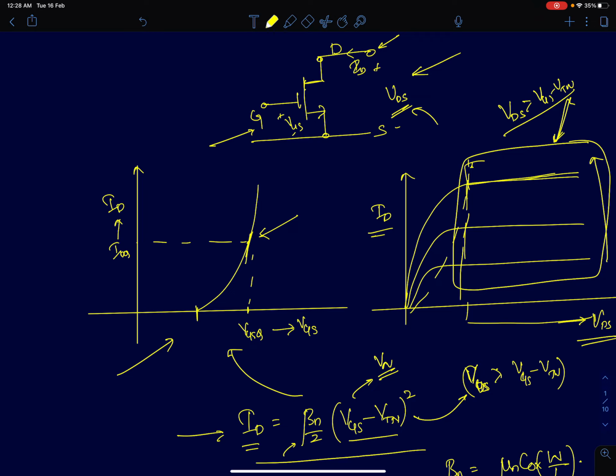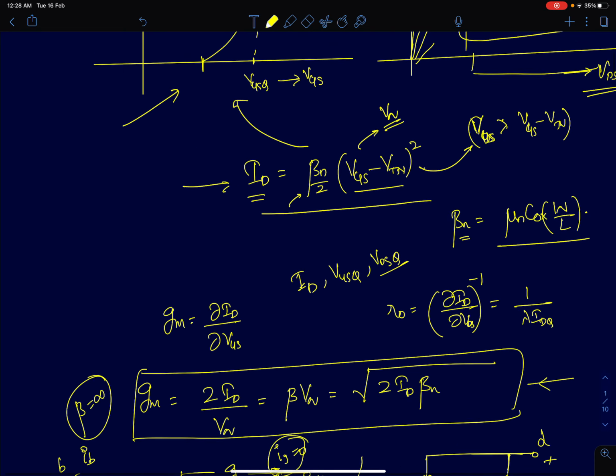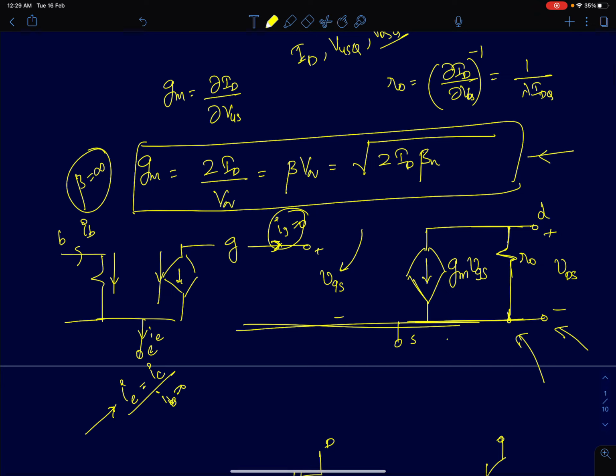In the small signal model, the parameters for this MOSFET can be obtained from the transfer and the output characteristics. If you see this MOS device, it's a 3-terminal device, and by looking at the output characteristics we can instantly see that the output current flowing between drain and source is a voltage controlled current source. And that is what we have represented here in the small signal model.